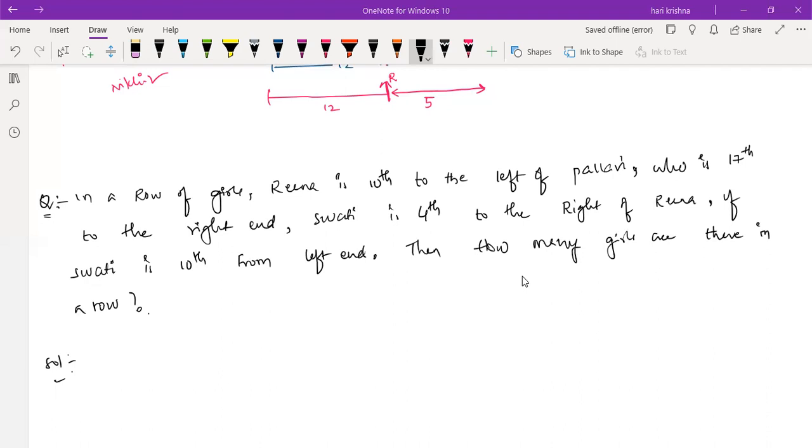Just solve that problem. First, how many of you understand the question? Raise your hands.